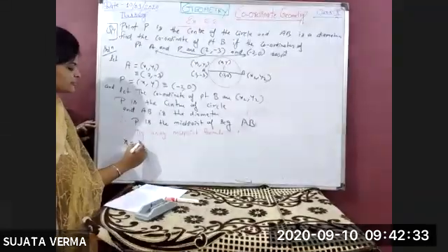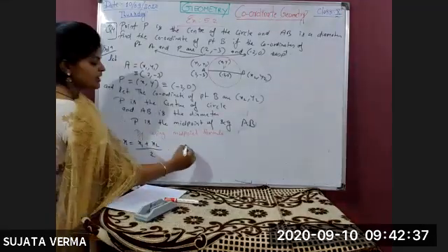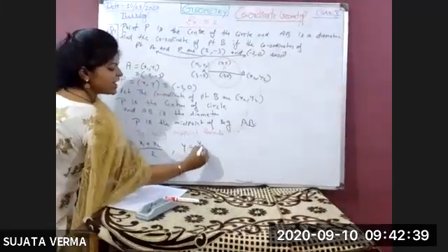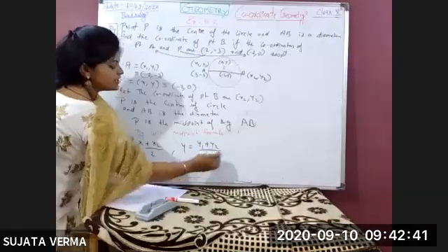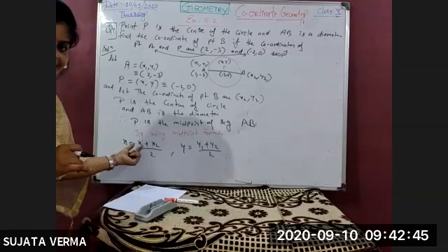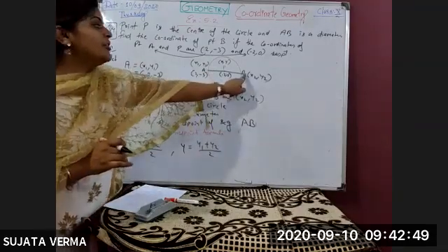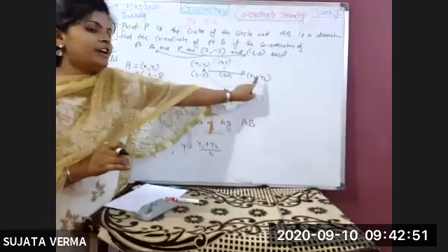Okay. Now, first write down the formula. X is equal to x1 plus x2 divided by 2. Y is equal to y1 plus y2 divided by 2. But x1 is given. We have to find x2 because the coordinate of B is x2, y2.